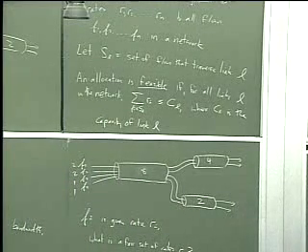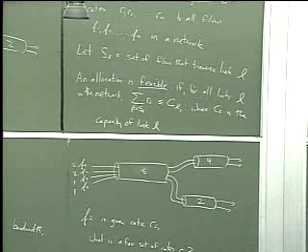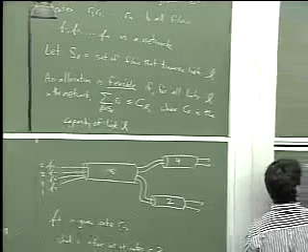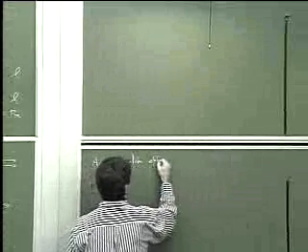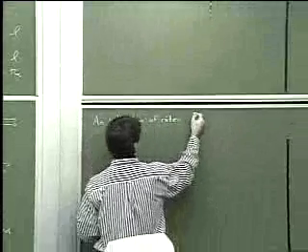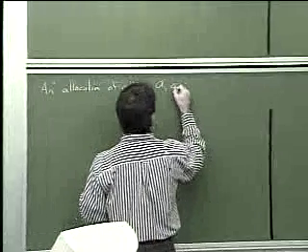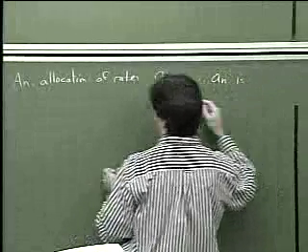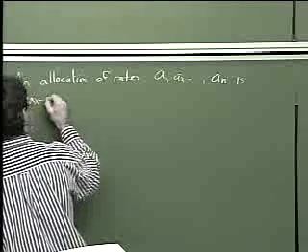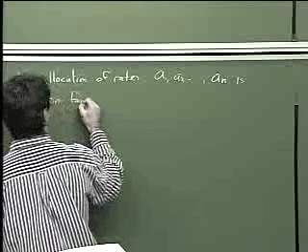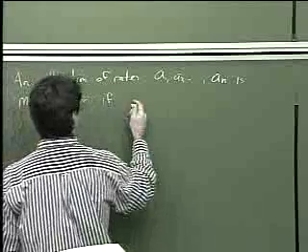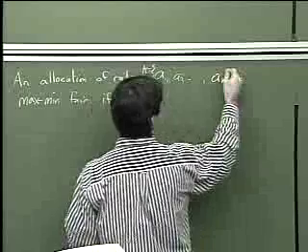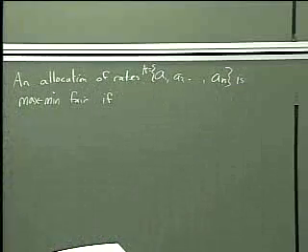Okay. The max-min fair allocation. So let me call this A. A is this set of rates.